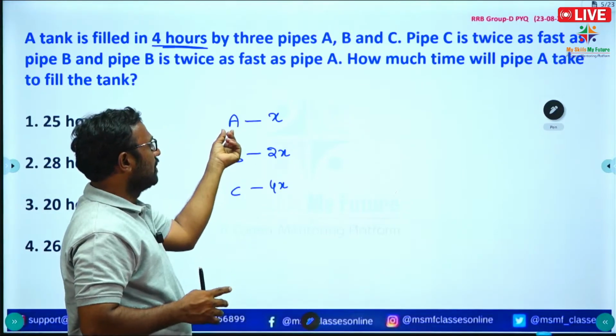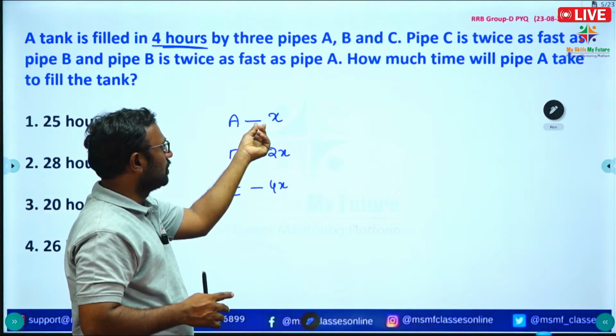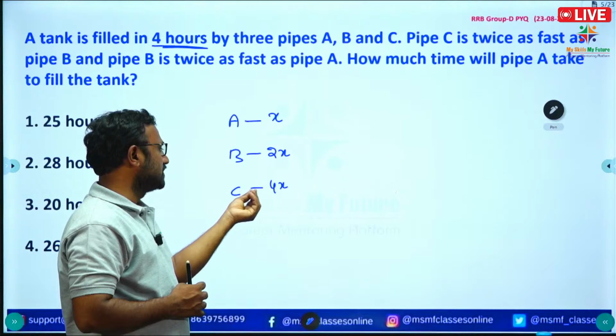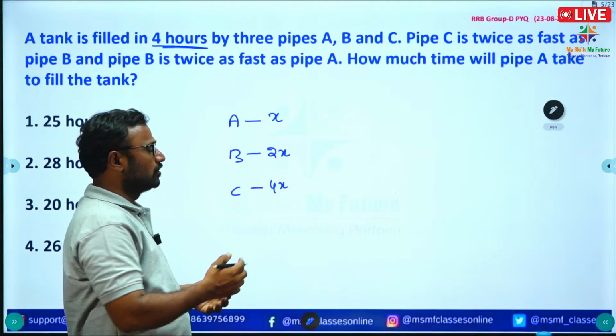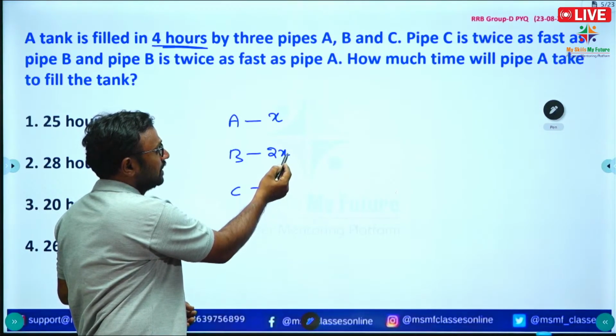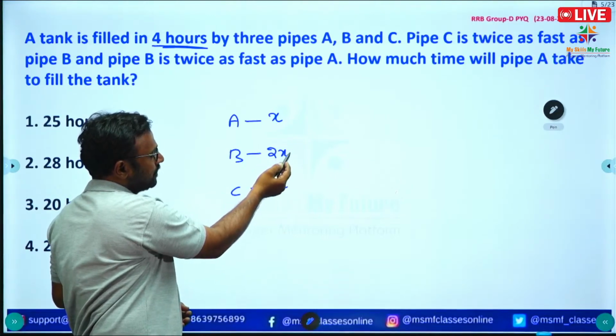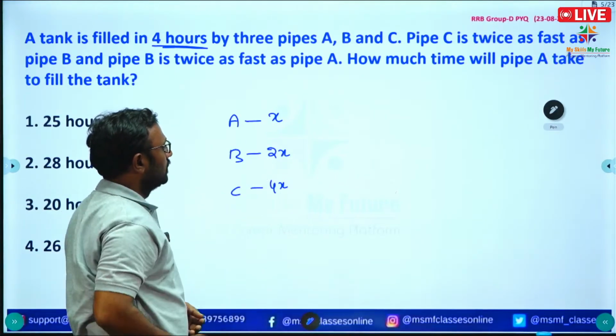The efficiency of A is x, efficiency of B is 2x, efficiency of C is 4x.